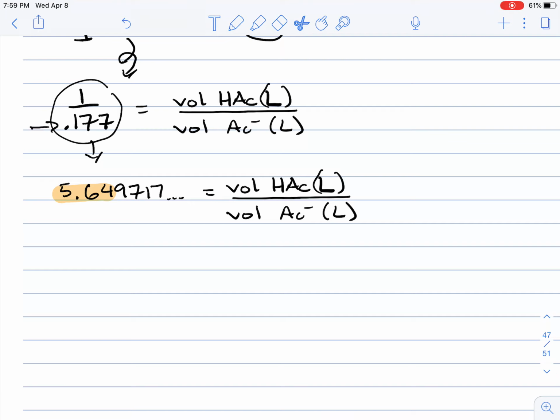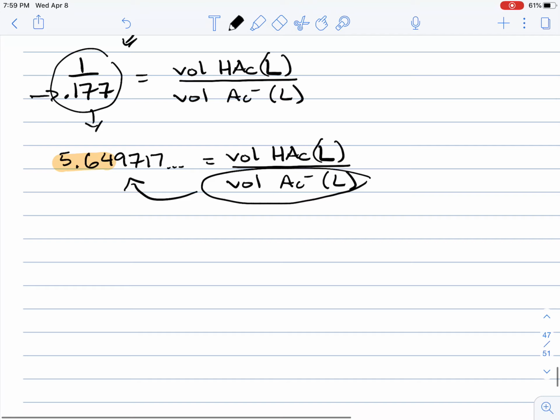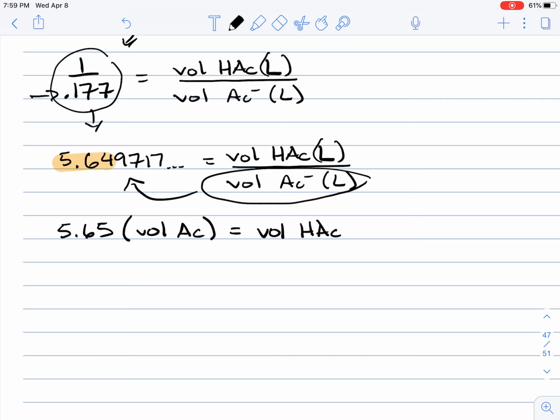And so what I'm going to do is move some terms around. I'm going to move this guy over. So I have 5.65 times the volume of my acetate, and that's going to equal the volume of my acetic acid in liters. Okay, so this is going to be in liters.